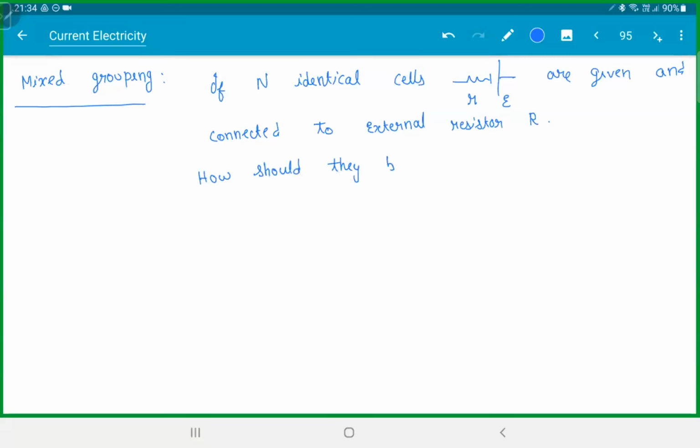How should they be connected? To get max current in R.